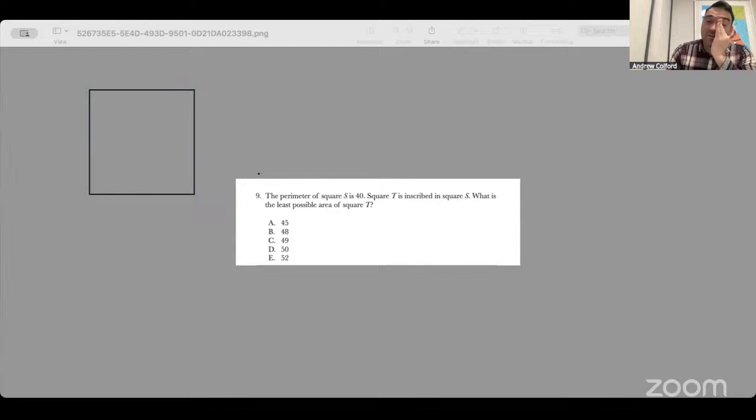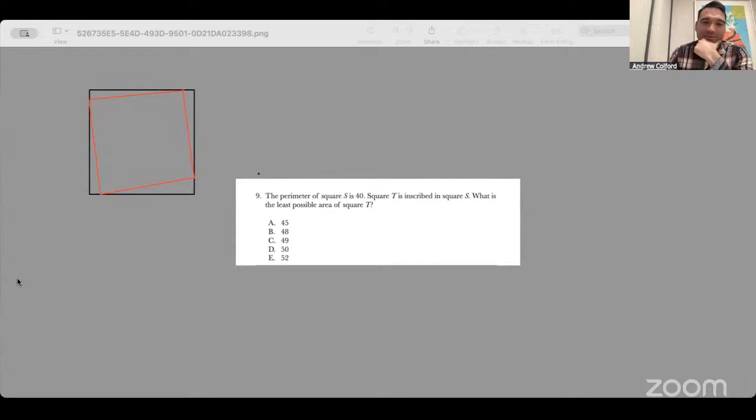Let's talk about what it means to inscribe a square in a square, because that's usually the area that people get a little tripped up on here. An inscribed square means that the four corners of the inside square are touching the outside square. Like that, right?